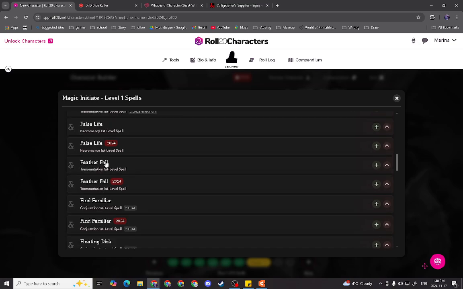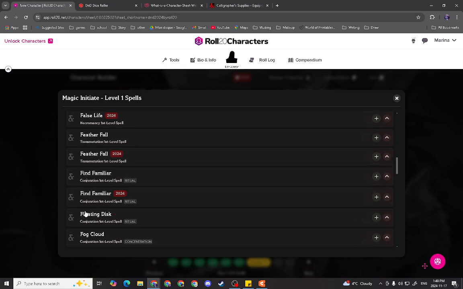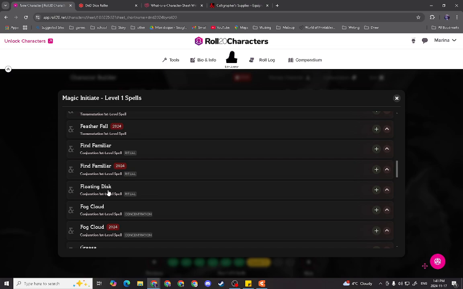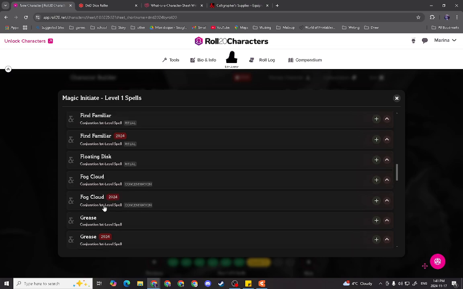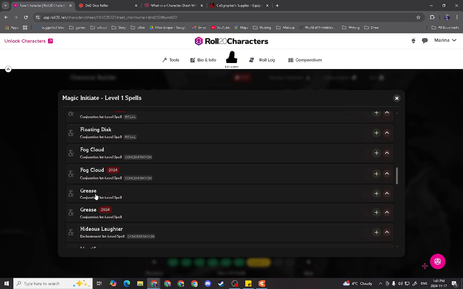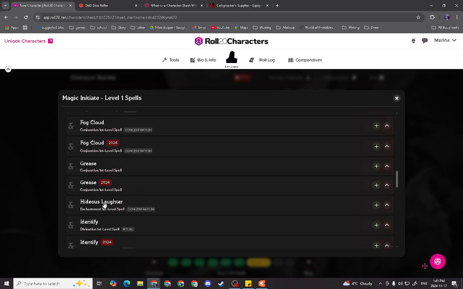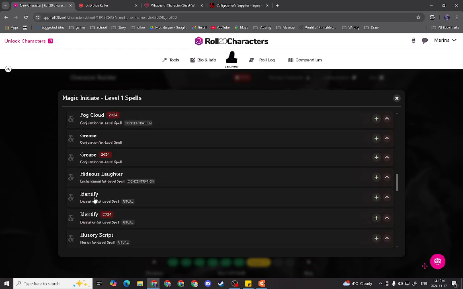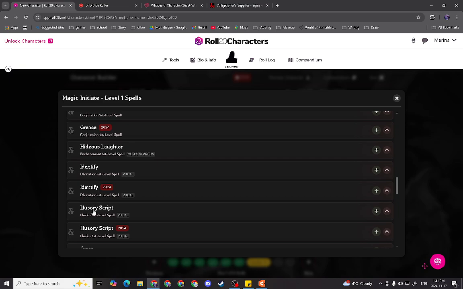If you've played Minecraft, it's like a feather falling potion. Oh, okay. Find familiar. Floating disc. Fog cloud. Grease. It just creates grease. Hideous laughter. Identify. Illusionary script.